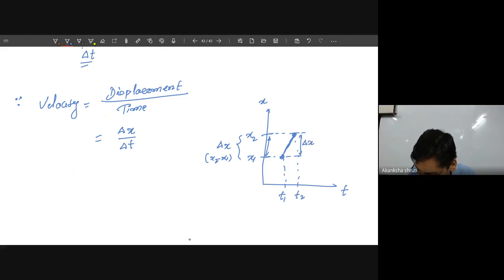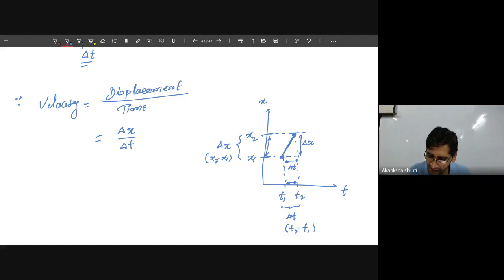And on the horizontal axis, we have the time. So this is our time difference, means delta t. It is our t2 minus t1. So whether I take this much length here or the same length here, because these two lines are parallel, this is our delta t.